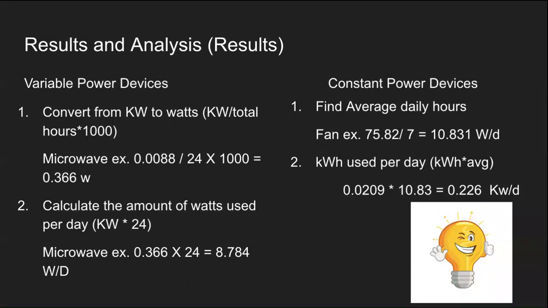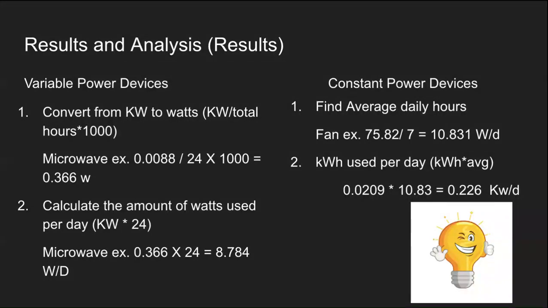Okay, for results and analysis. For my variable power devices, the way I found the numbers was I took my kilowatt meter, plugged in my device, and found my number in kilowatts. I converted it to watts by dividing it by the total amount of hours and then multiplying it by 1,000.